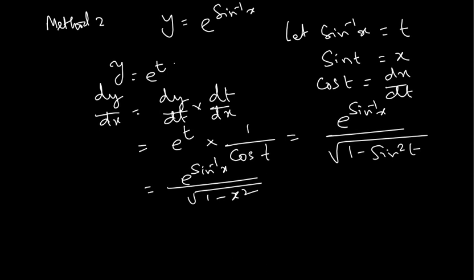So the next one is e power x cube, right? Yes, third question in the textbook. I am reading the textbook. So y is equal to e power x cube.